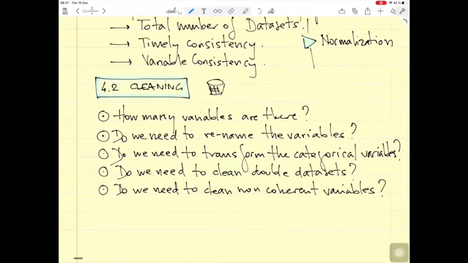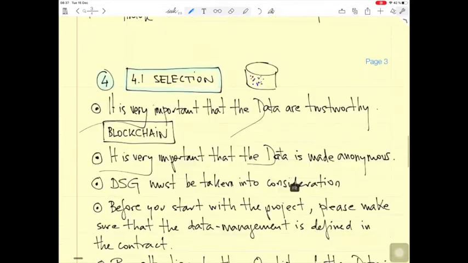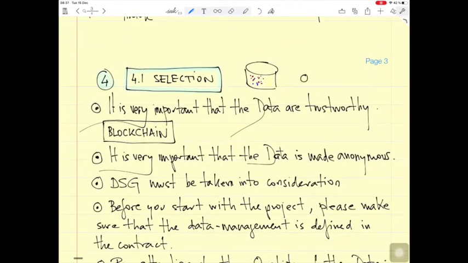There are some questions that can be or should be asked. So here in the selection, we are going to be asking about the quality of the data.